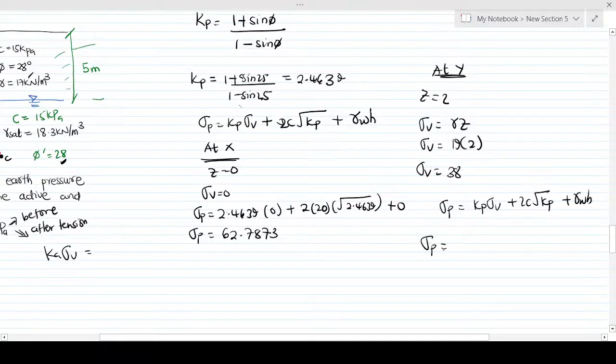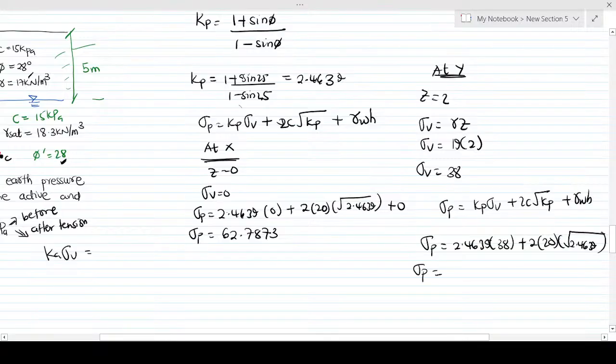So this will be equal to 2p is what? 2p is 2.4639 by 38 plus 2 times 20 times square root of 2.4639.